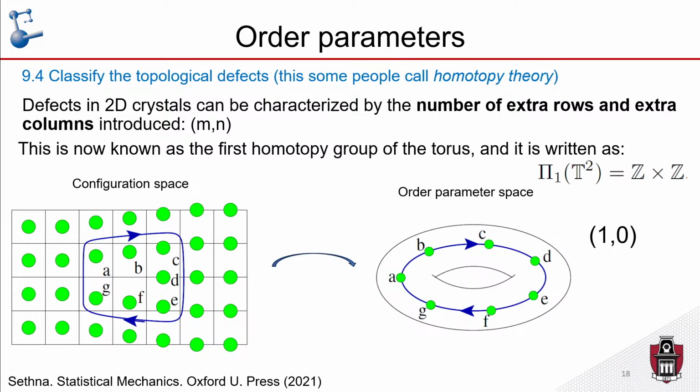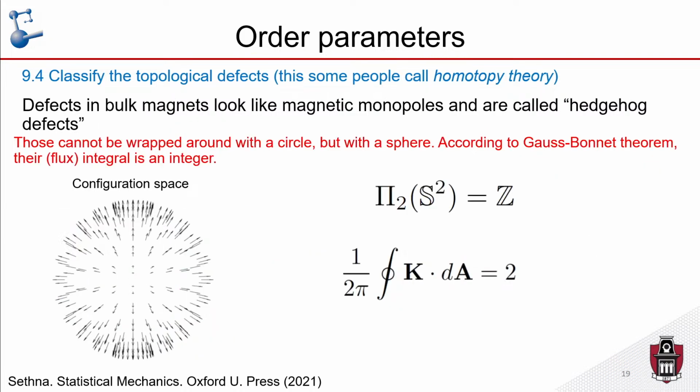Then, in the case of the magnet, that hedgehog defect, this is the homotopy class for that. Again, the 2 means that instead of going for a circumference, we're wrapping this thing. It's a 2-dimensional thing that we're doing, working on a sphere, S2. And the numbers that we get are integers.